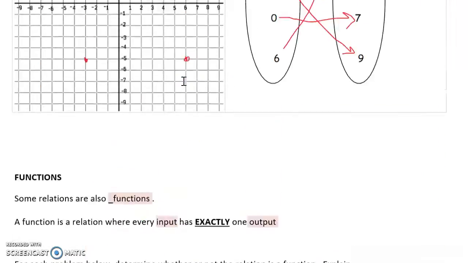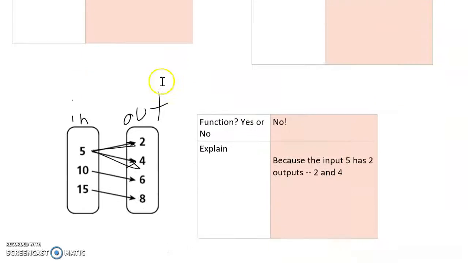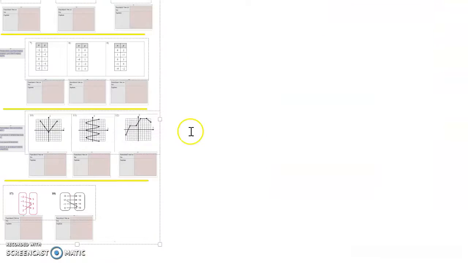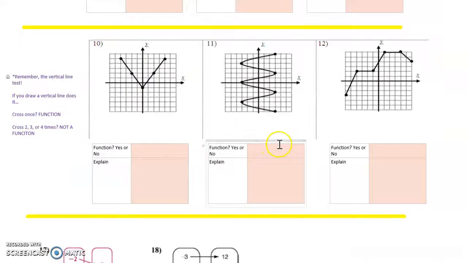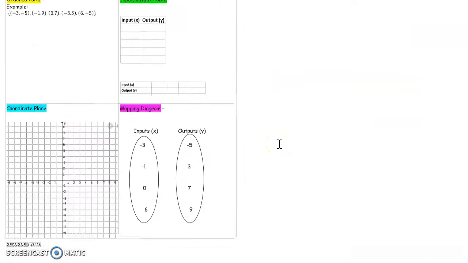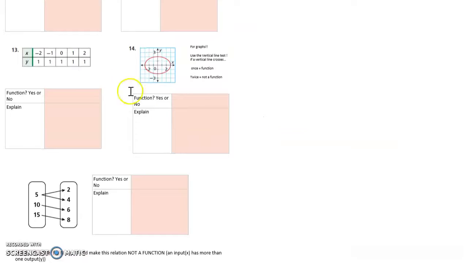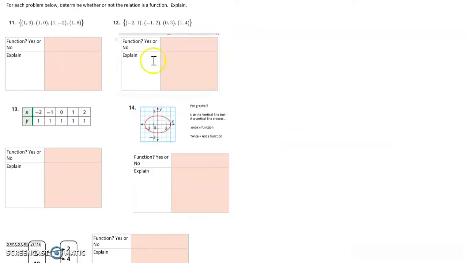Alrighty, I know it's a little weird, it's a little funky, but I just want you to try your best. That was all I had here in your notes. So now you're on independent practice. Again, come back up here to look at these examples. We did examples with ordered pairs, one that was a function, one that was not a function.